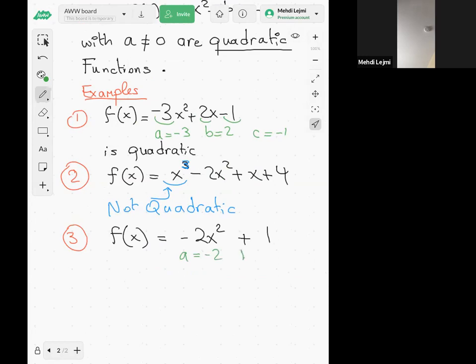Your b, well, there's no x, so your b is 0. And this constant by itself will be c, so c is 1. But again, that's fine. If there's no x, it's still a quadratic function. So this f of x is quadratic, right?